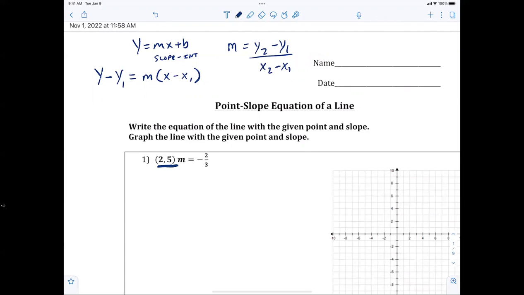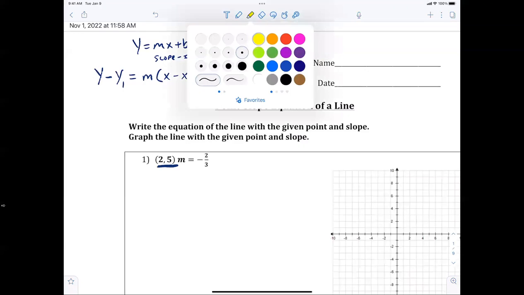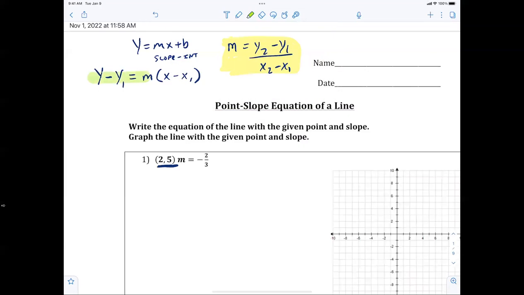Now, please look up so you can see what I'm doing. This equation right here is, guess what? It's the same thing. That's all it is. I never understood why people would have any trouble remembering this. If you know the slope formula, then you know the point slope form.